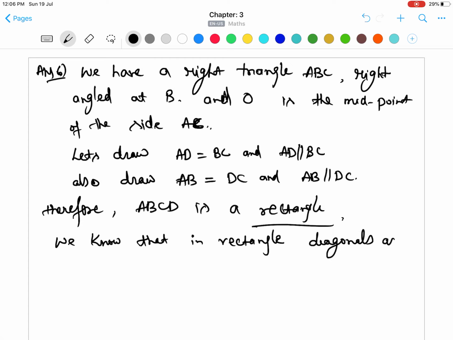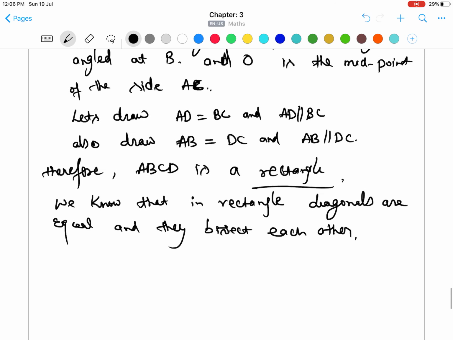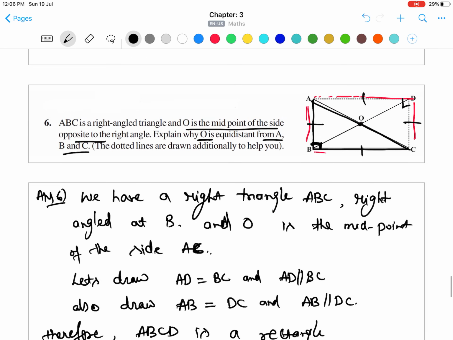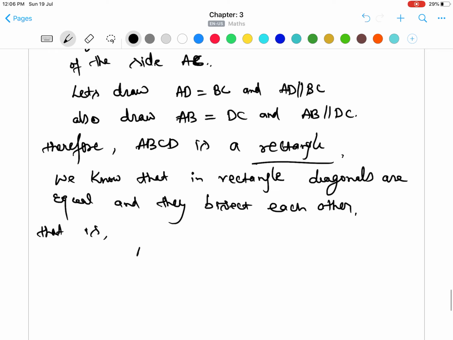From the figure, since these two diagonals are equal and they are bisecting each other, this part will be equal to this one and will also be equal to this part. So AO will be equal to BO, equal to CO, equal to DO.